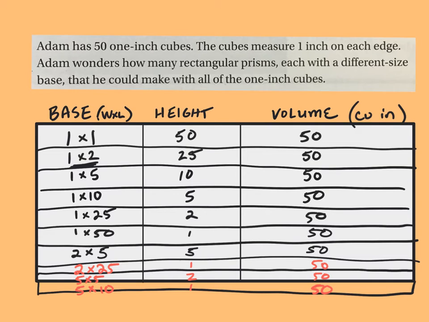So when I'm all finished, I'm going to answer the question, how many rectangular prisms could he make with all of those cubes? And so I'm just going to count it up. 1, 2, 3, 4, 5, 6, 7, 8, 9, 10. I came up with 10 different rectangular prisms that could be built using different size bases.